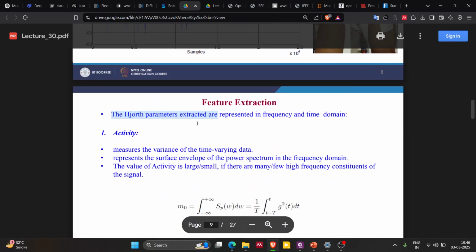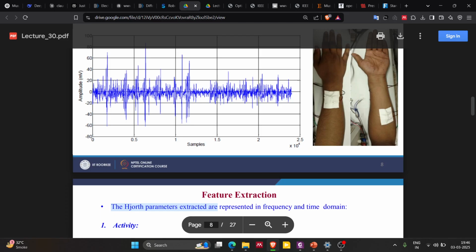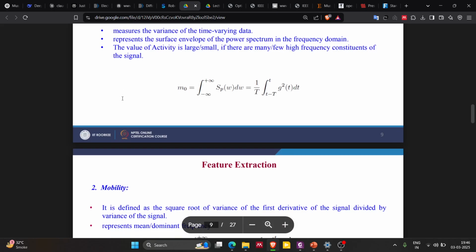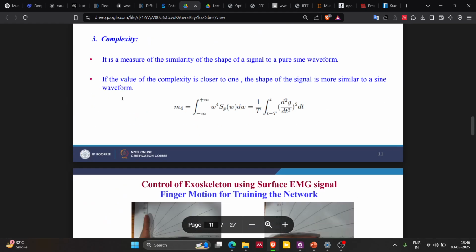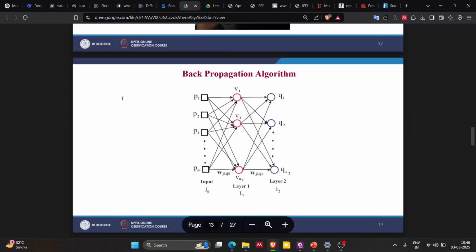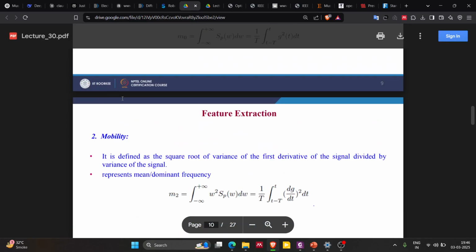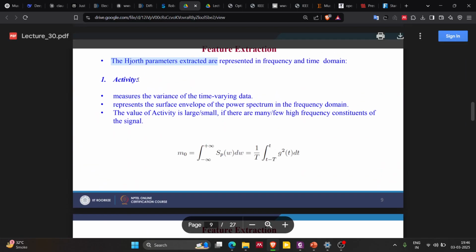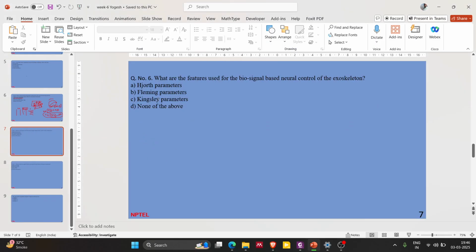This is how the data you will get, but you need to do some post processing. For that, the professor used some kind of EMG interface. If you go to the video, he briefly talked about that. So A is your right answer here.